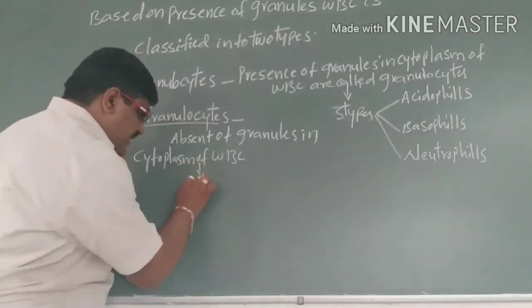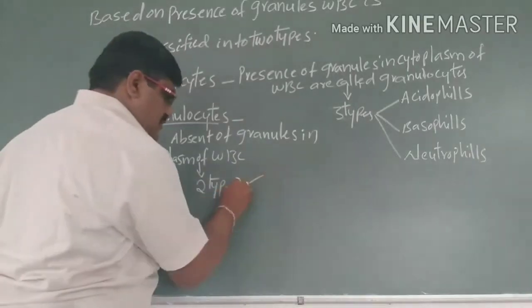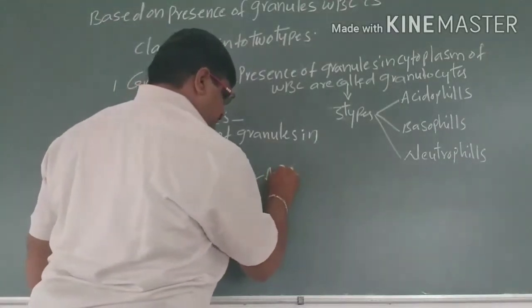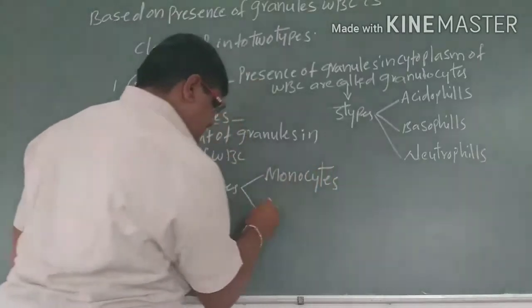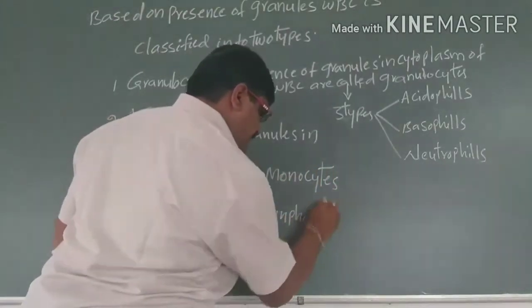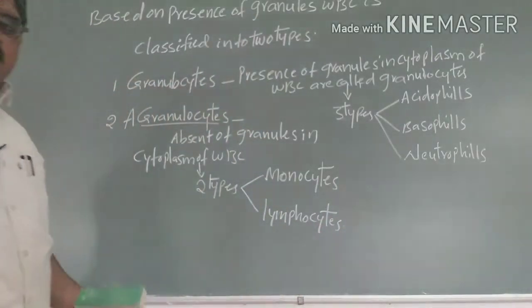These are classified into two types. One we can call monocytes, and the second one is called lymphocytes. So these are the five types.